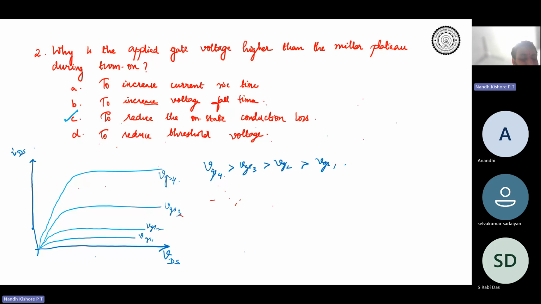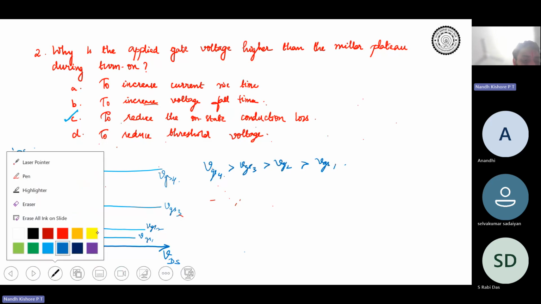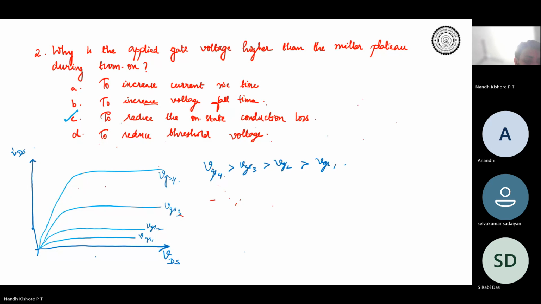One characteristic feature you see is during the ohmic region. What is the ohmic region? The linear profile where you see a linear increase.